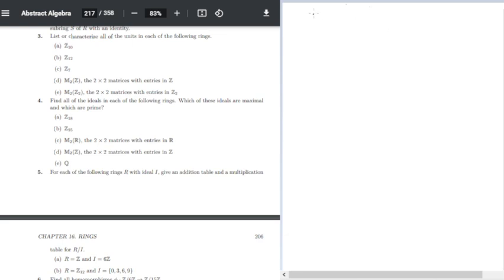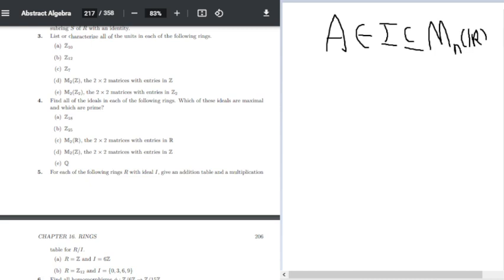Alright, so we have basically 2 cases for ideals. Suppose there's a matrix A in an ideal I of Mn of R. We can actually use Mn instead of M2 of R. We might do M2 of R later if we want to be more specific. Such that the determinant of A is not equal to 0.